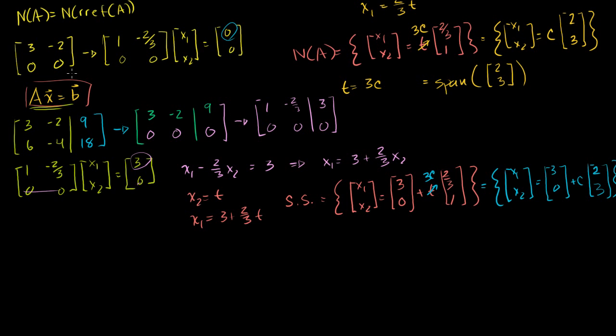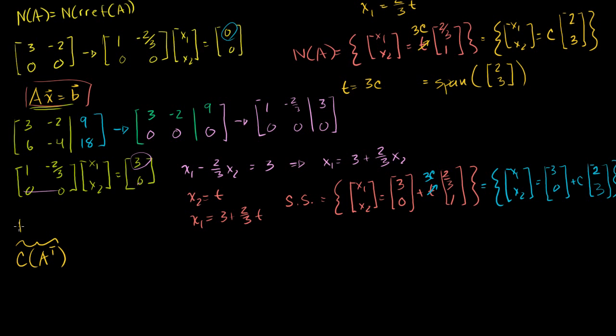That's our null space. Now, one other thing that might be of interest, because it's the orthogonal complement to the null space, and this relates to what we were doing in the last video, is the row space of A. The row space of A is just the column space of A transpose.